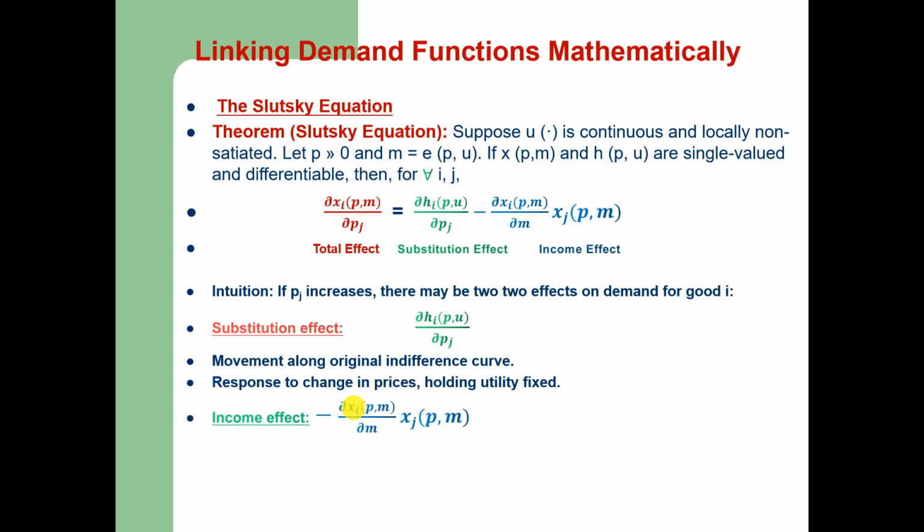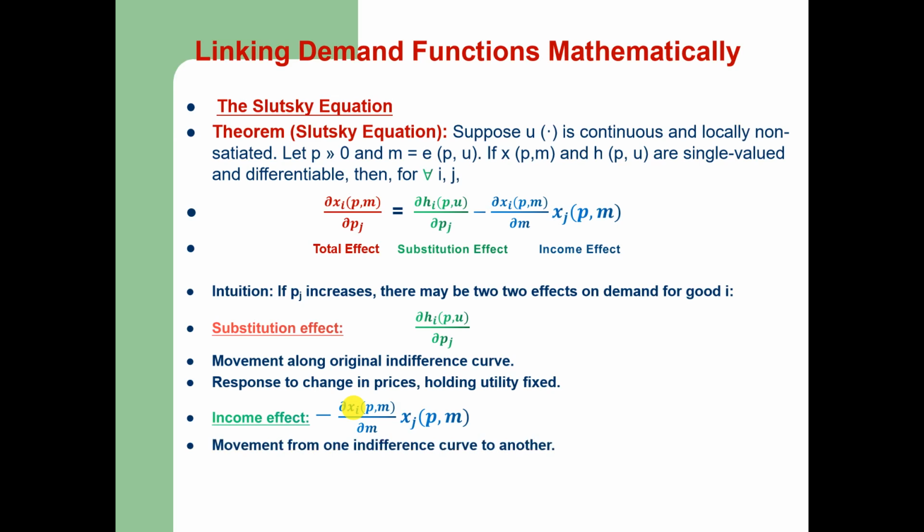The second effect, due to a change in the price of the jth good on the demand for good i, is the income effect, and that is equal to minus the partial of xi with respect to m times the quantity of j consumed, which is a function of prices and income. The income effect shows movement from one indifference curve to another.